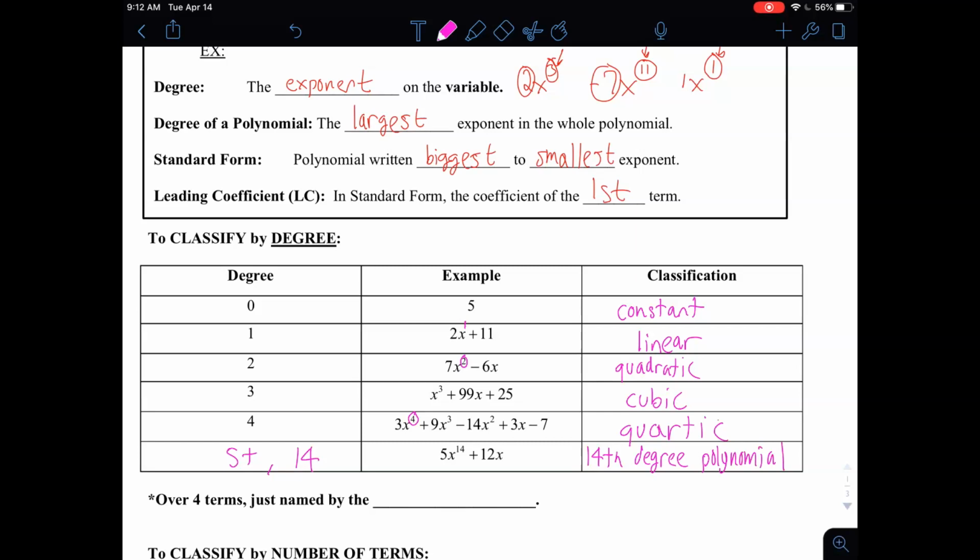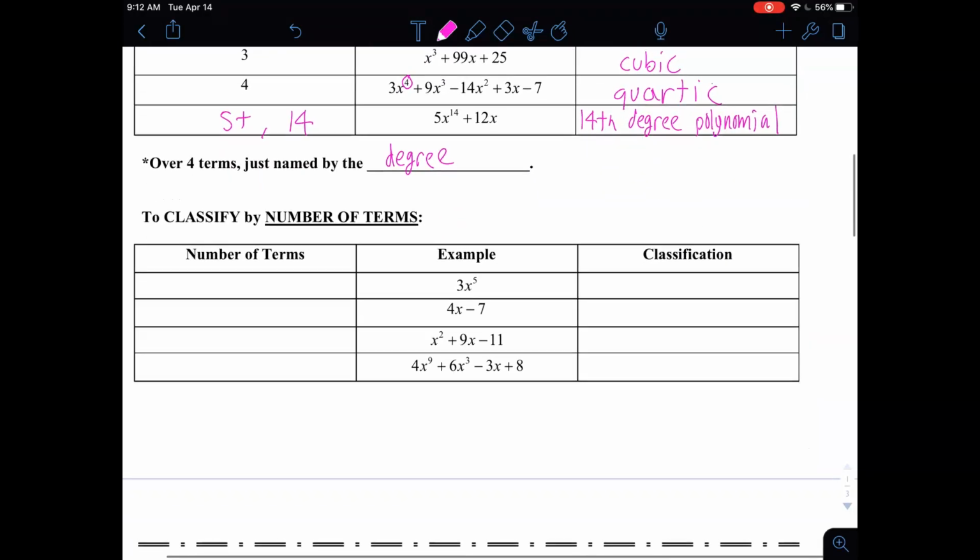Okay, so anything 5 and up is just named by the degree. If it's the 7th power, you call it a 7th degree polynomial. If it's to the 82nd power, it'd be an 82nd degree polynomial. You just put that number right there. Okay, hopefully that makes sense.